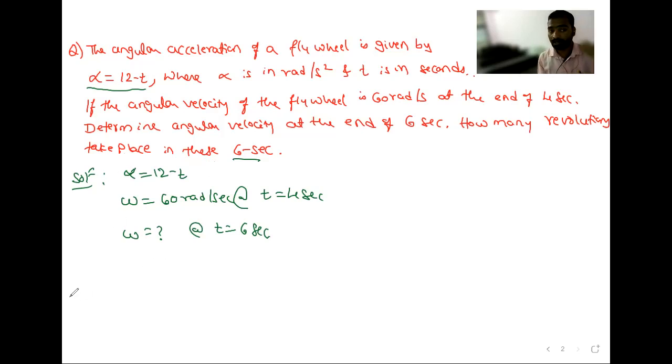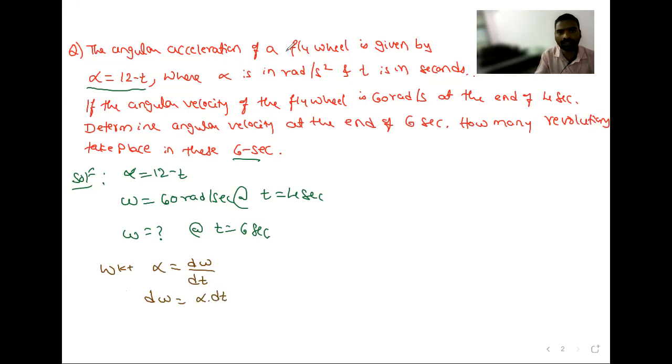So how to solve this one? Alpha is given. From alpha to get omega, do I need to integrate or differentiate? Integrate. Okay, so alpha is the rate of change of angular velocity, that is alpha is equal to d omega by dt. Integrating on both sides, d omega is equal to alpha into dt.